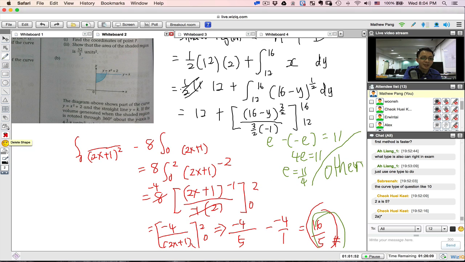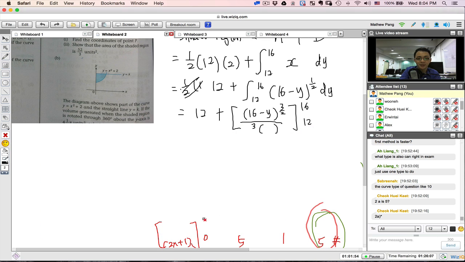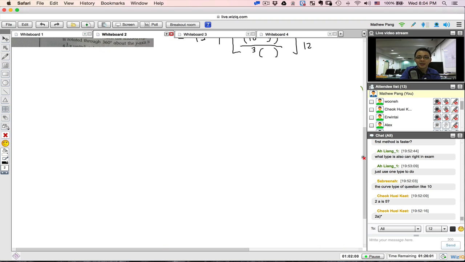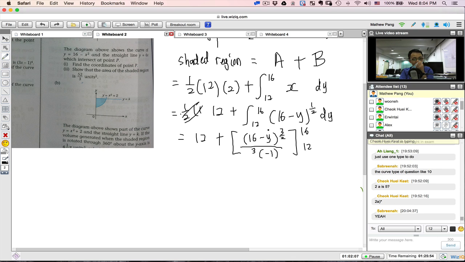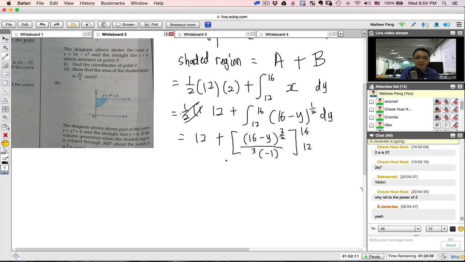Okay, I need more space, so I'm going to delete all this. So far okay? Yes. Then, this is just negative 1, because I differentiate 16 minus y. This is 3 over 2, sorry.